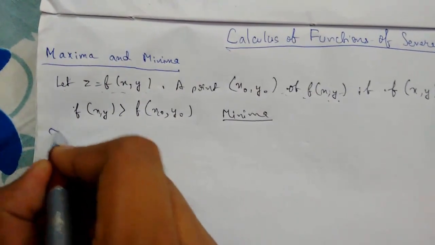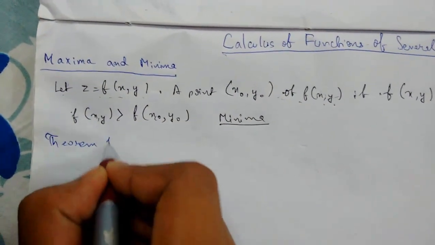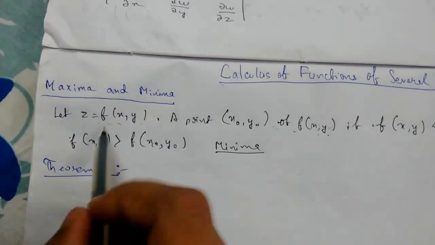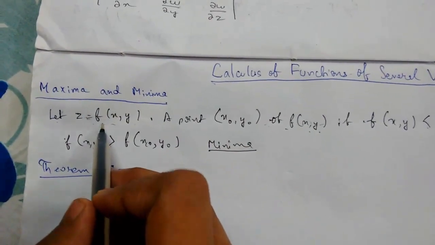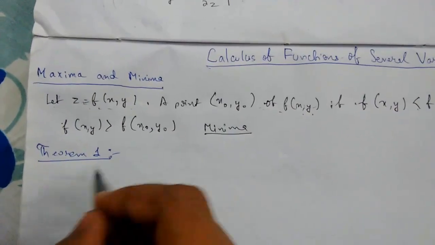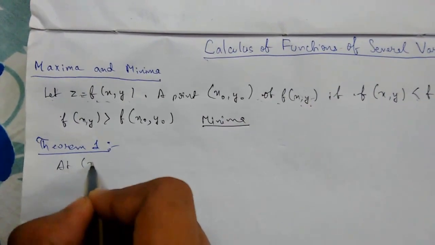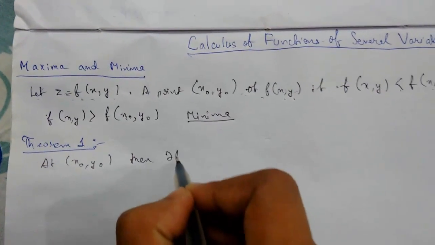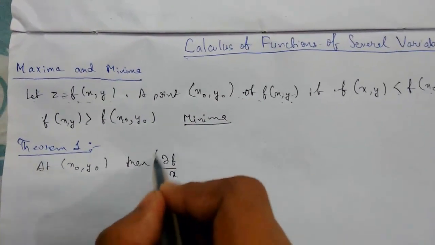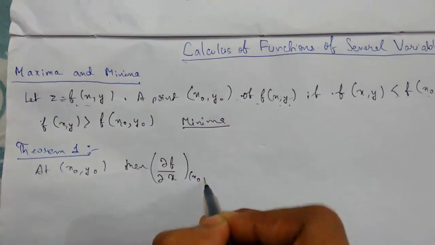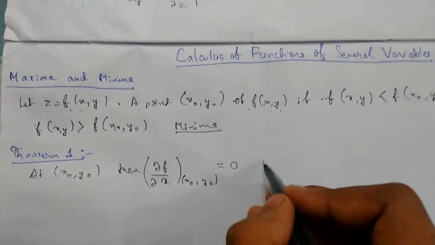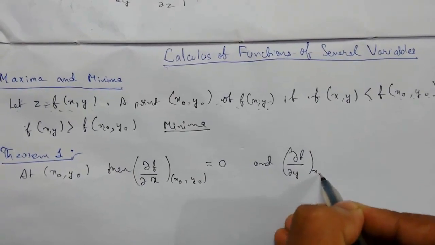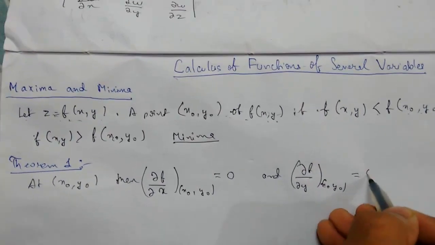So there are some theorems on maxima and minima. Theorem number 1: the function z equals f(x, y) has a maxima or minima at (x0, y0) when del f upon del x at the point (x0, y0) equals 0, and del f upon del y at (x0, y0) will also be 0.